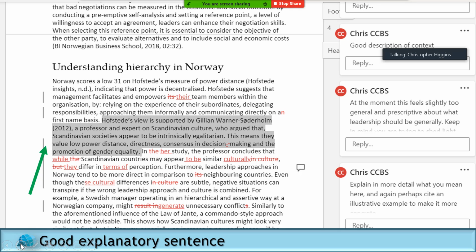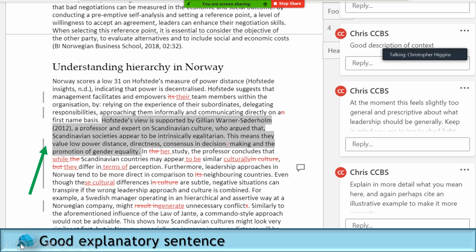What is good about this? Well, it doesn't relate to any of my comments. That's why the green arrow is on the side. So it's a separate thing. And what is good about this? Well, once again, they have a clarifying sentence. So they say Hofstede's view is supported by Gillian, Warner, Soderholm. So they're synthesizing, they're linking together research with Hofstede's view that they've expressed earlier in the section, and then they're showing what they've argued, who argued that Scandinavian societies appear to be intrinsically egalitarian.